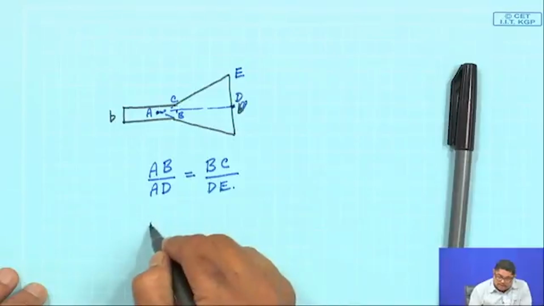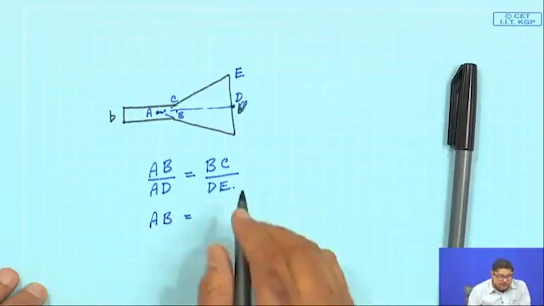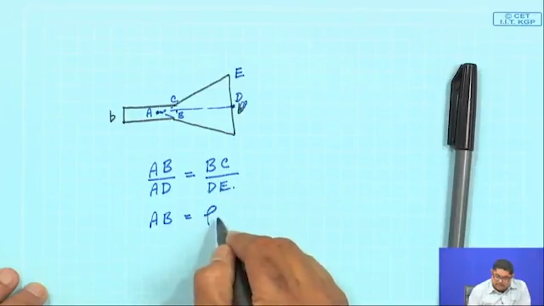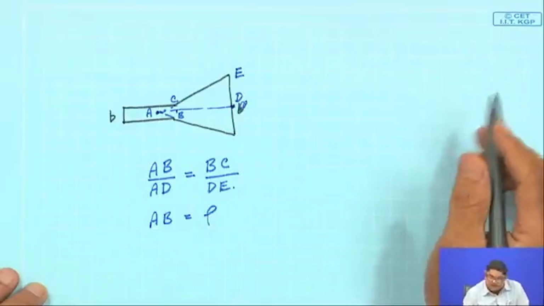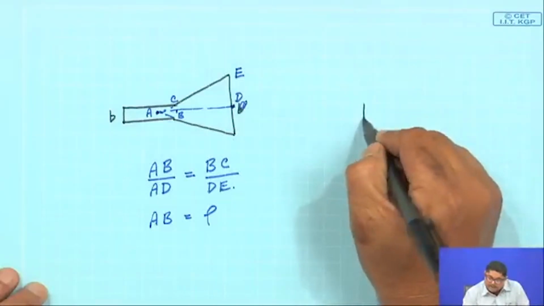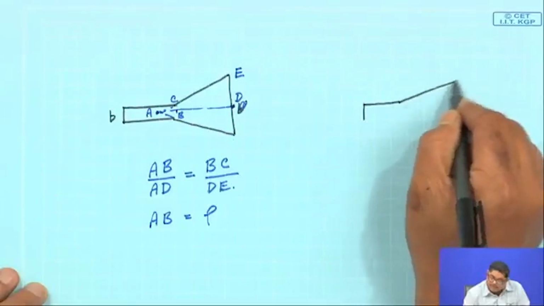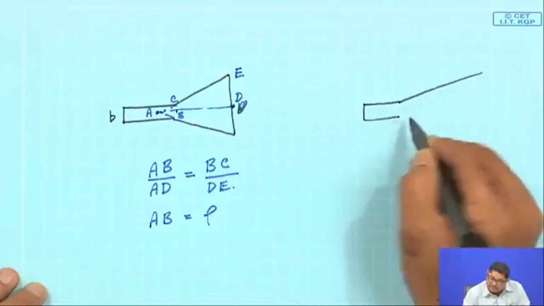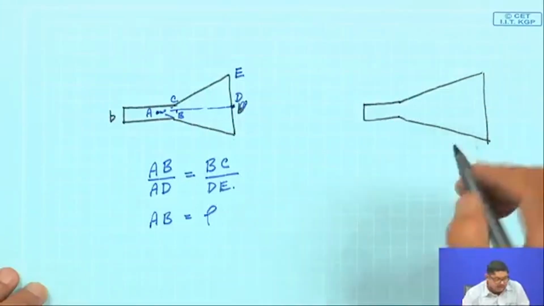And so, what is AB? Before that, let me have another drawing of the same H plane horn.